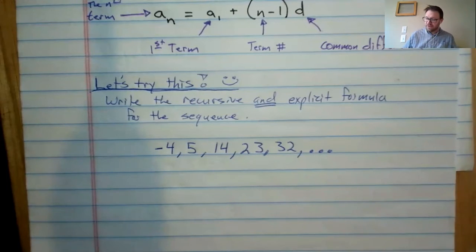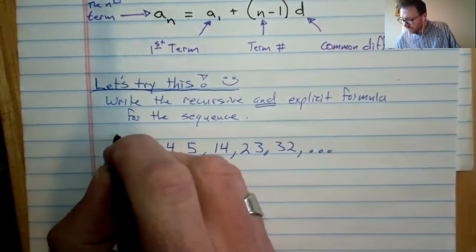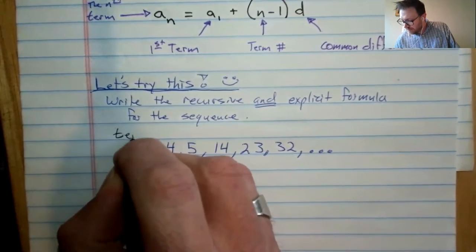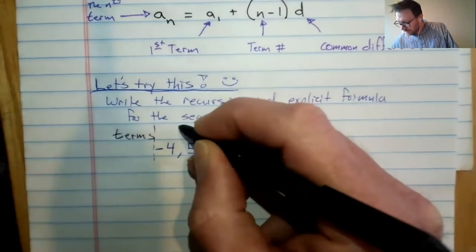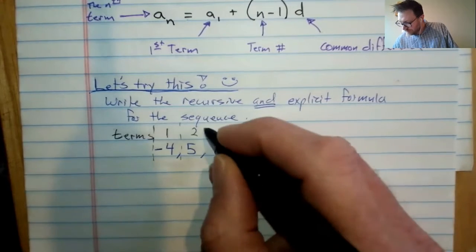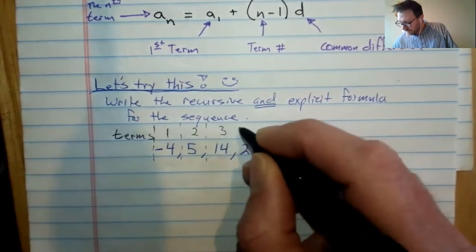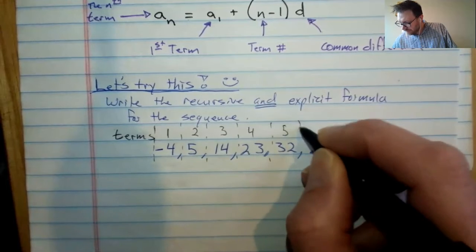All right, now if we were to go ahead and put the term numbers on this, right? So if I were to just make a line here, this would be term 1, term 2, term 3, that's term 4, that's term 5, right?